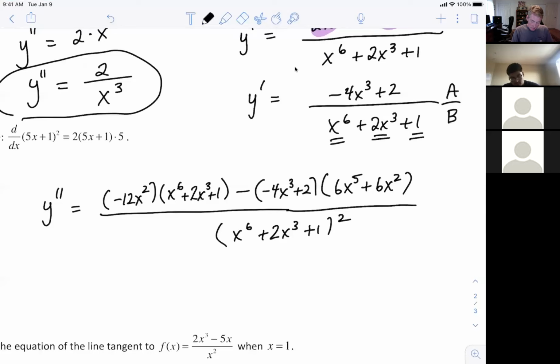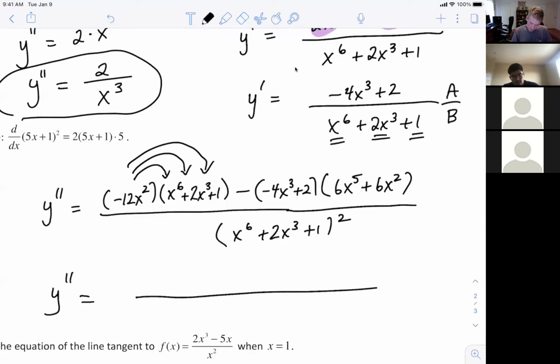And then the last thing to do is you need to combine like terms on the top. So I need to go ahead and distribute this. So it's going to be negative 12x to the 8th, negative 24x to the 5th, and negative 12x squared times 1, so negative 12x squared.